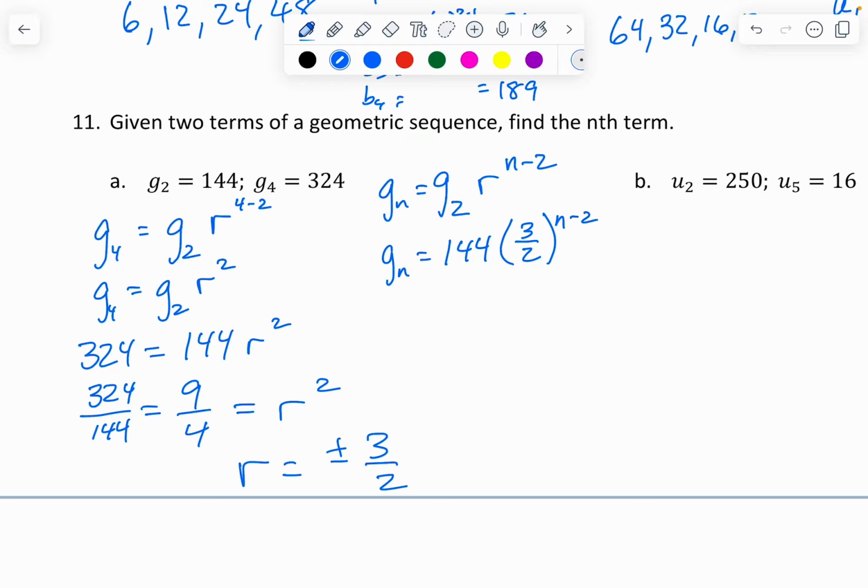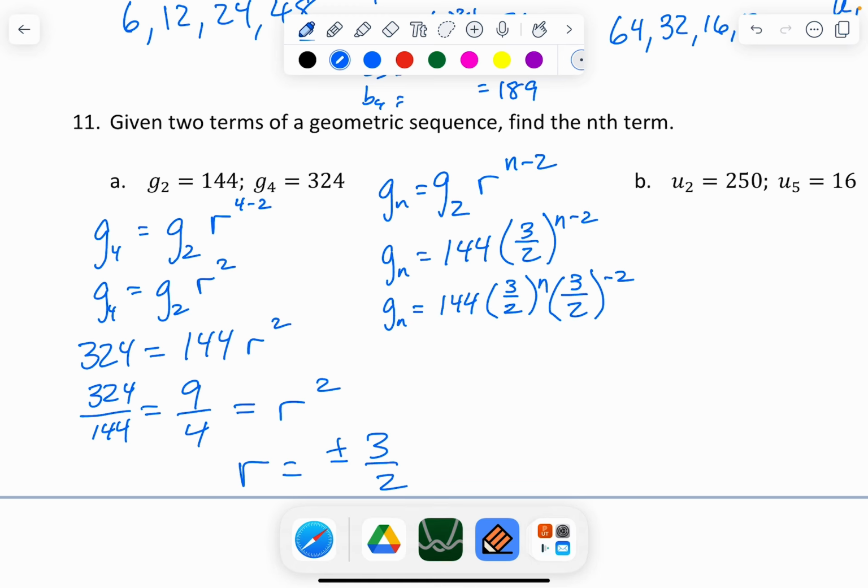How much do I want you to clean this up? Well, we don't typically leave it as a -2 situation. So let's do this. Let's think of this as g sub n is equal to 144 times 3 over 2 to the n times 3 over 2 to the -2.